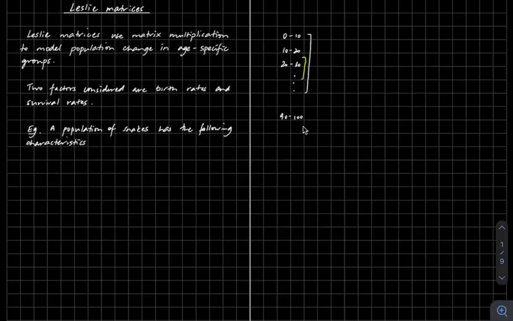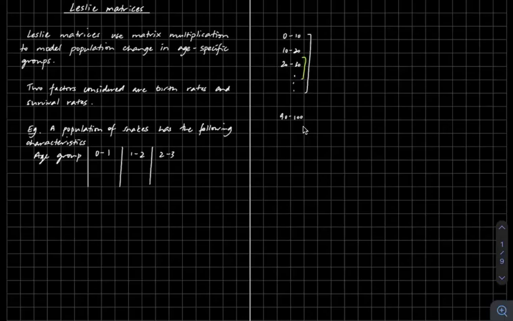And just to make it nice and simple, we'll say there's only 3 age groups. So age groups are 0 to 1, so there's snakes that are 0 to 1 year old, 1 to 2 years old, and then 2 to 3 years old.